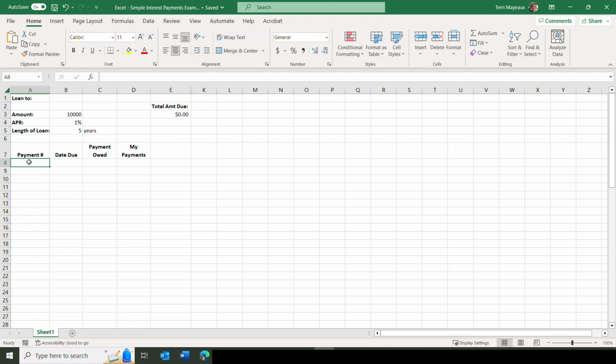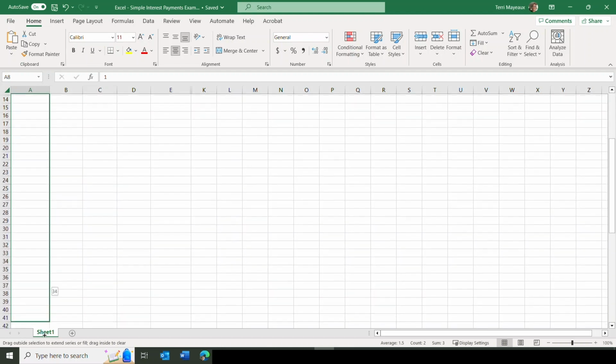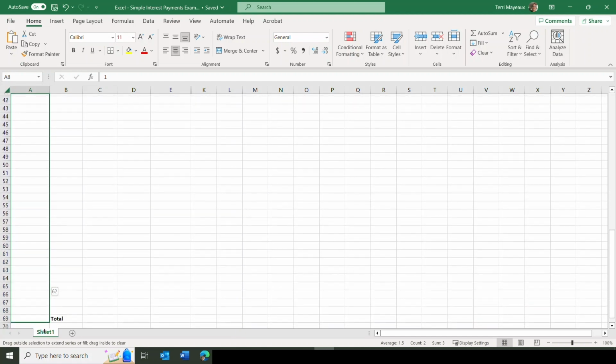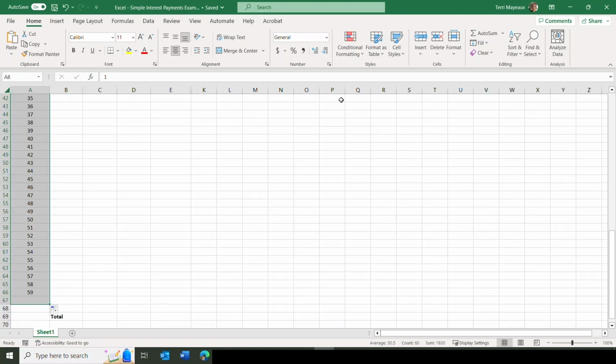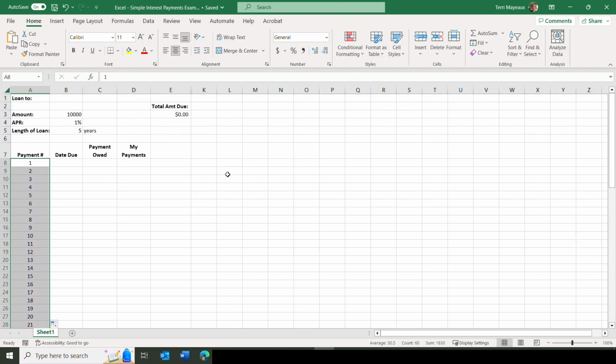So I can put payment 1, and then come down to the next cell and put a 2, and then select both of those, come to the fill handle, and I can click and drag down until I get to 5 years is 60 payments, 5 times 12. And so now I have my payment numbers all figured out.